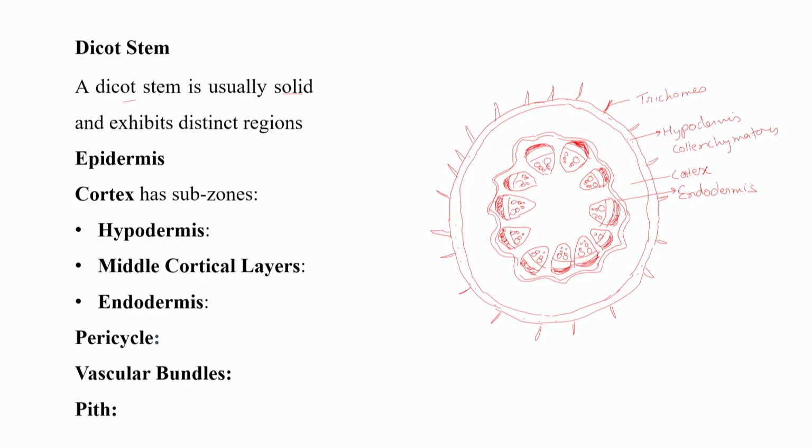And then you have pericycle. Now in this case you will see pericycle is heterogeneous in nature. It is made up of sclerenchyma and parenchyma.